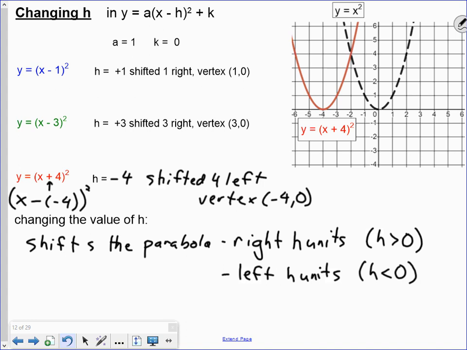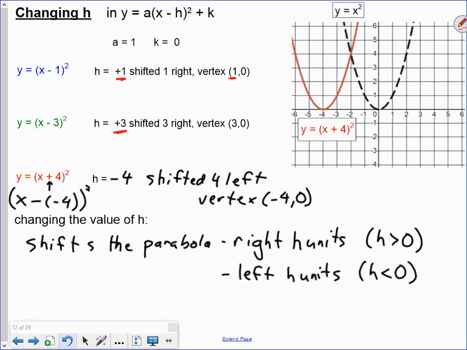So together, these values of h and k shift our parabola either up and down or left or right, and together they're going to determine where the vertex of our parabola is. In each one of these that we've done right here, notice that our h value is +1, our vertex is at 1.